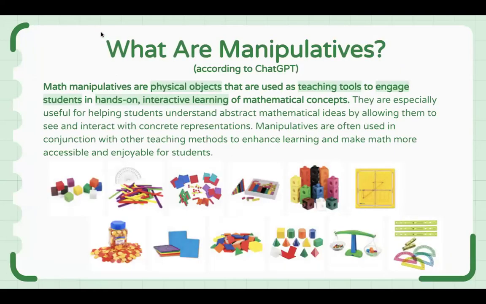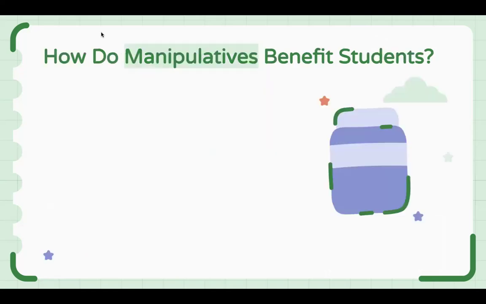I went back to ChatGPT for a definition of manipulatives, even though I had a pretty good understanding of what they were. They're physical objects made specifically for math or not, that are used as teaching tools to engage students in hands-on interactive learning of the math concepts we're teaching.